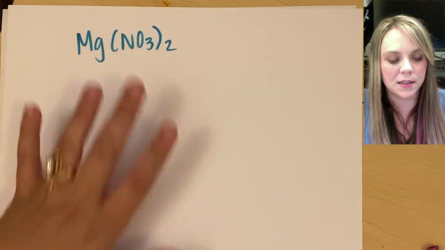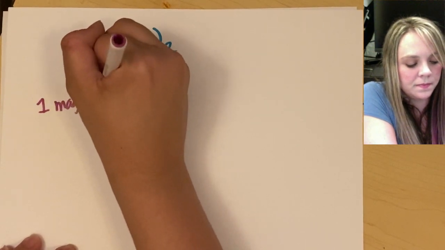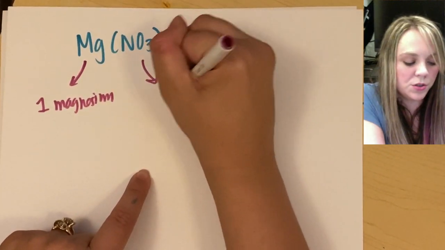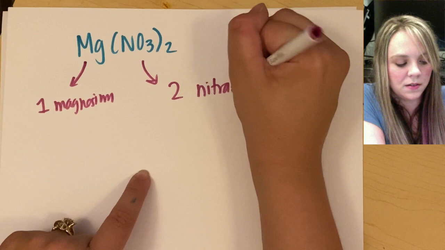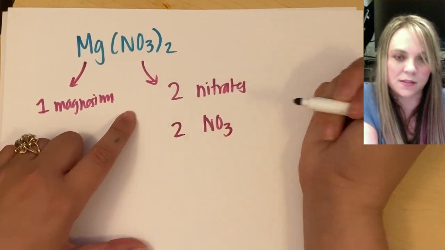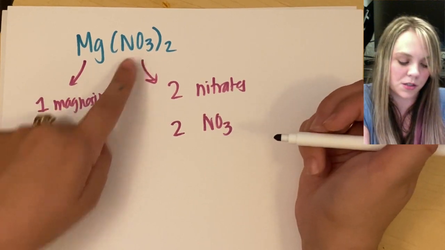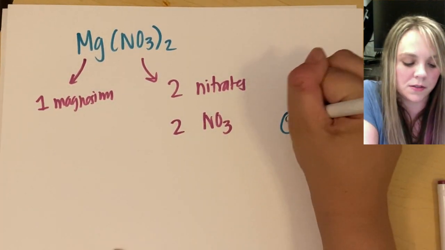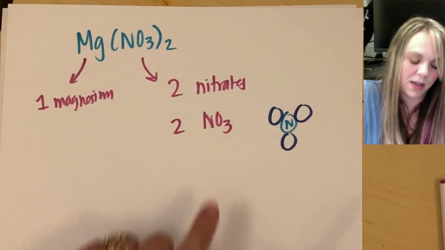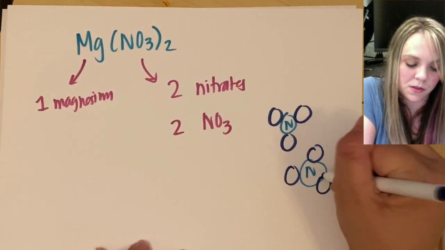So if you had something like this, you have 1 magnesium. There's no subscript after the Mg. And I have 2 nitrates, 2 of whatever this group is. So I have 2 NO3s, which means I have 2 nitrogens and 6 oxygens. If I was going to draw this out, here's nitrogen attached to 3 oxygens, and if I had 2 of those things, oh, my beautiful drawings, I am so sorry, you're going to get used to them, I promise.